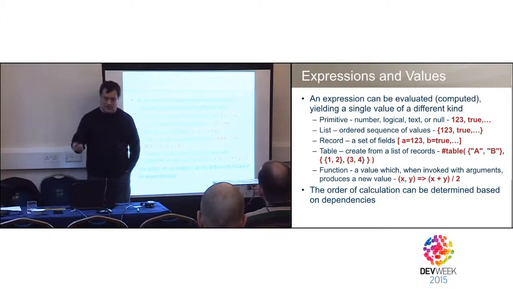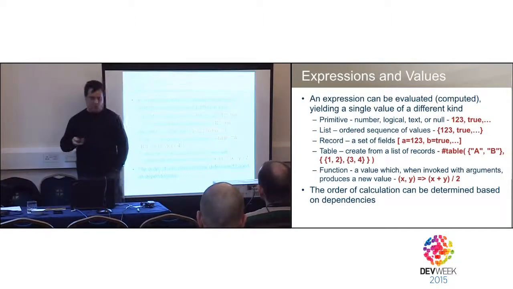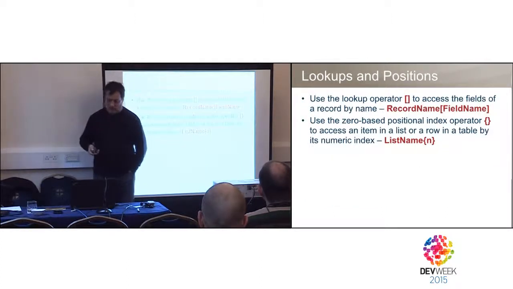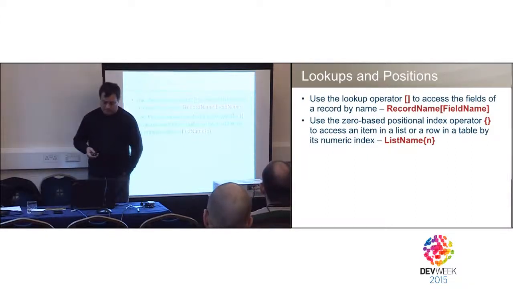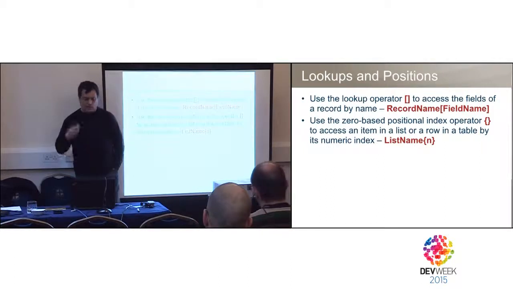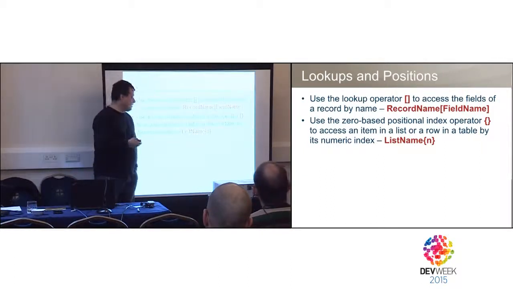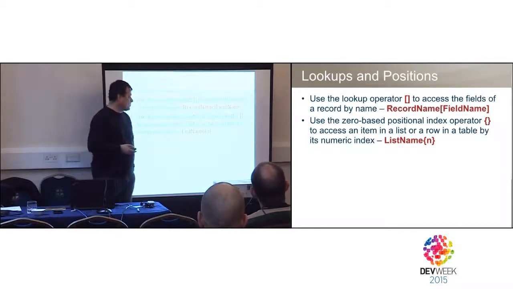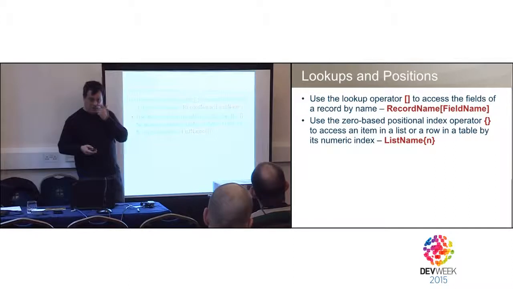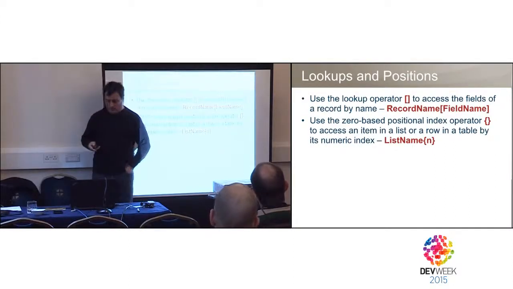Of course, precedence constraints are considered and so on, like in every programming language. So, as I said, we can refer to columns through field names, record and field name, but we can also access things through the zero-based positional index operator, which is curly brackets.